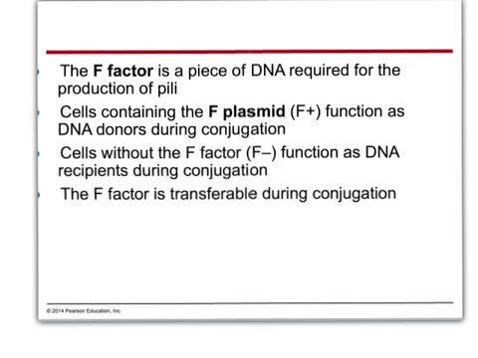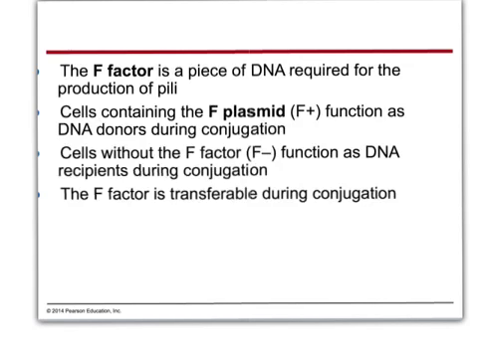All right, so the F factor is an example. The F factor is a plasmid, a piece of DNA which is required for the production of this sex pilus. So that sex pilus is produced by a gene in the cell that allows it to produce this. Okay? So you have an F factor. Cells containing the F plasmid are said to be F plus.